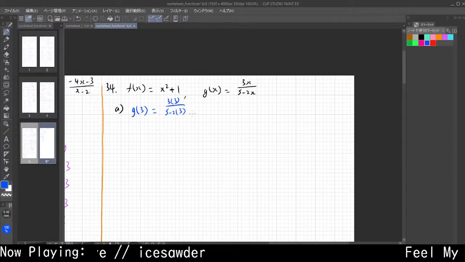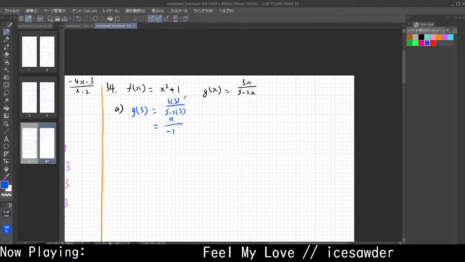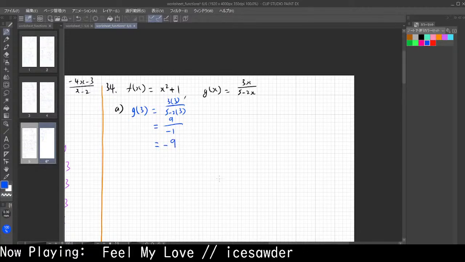Okay, this is equal to 3 times 3 is 9, 2 times 3 is 6, 5 minus 6 is negative 1. So you get a negative 9 out of this.